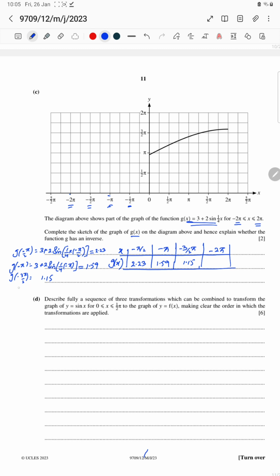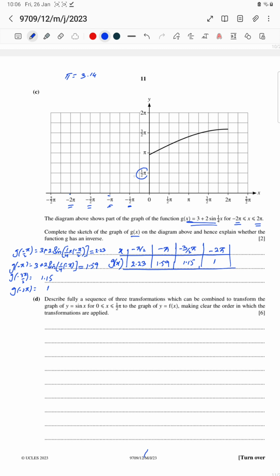G of minus 2 pi will give, similarly, 1. Also, we need to take these values on the calculator in radian, where pi is 3.14 and half of it will be 1.57.